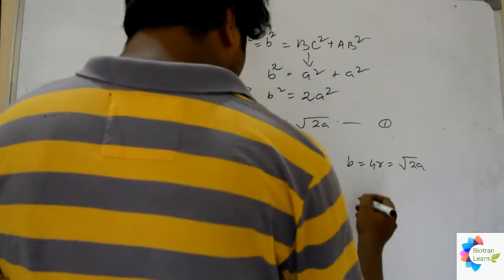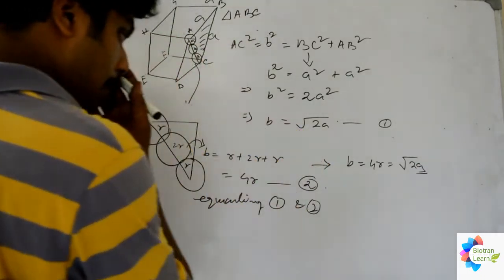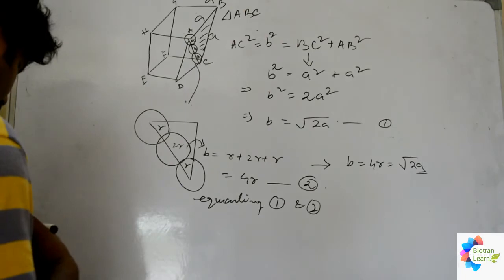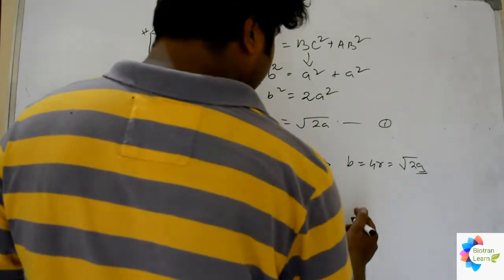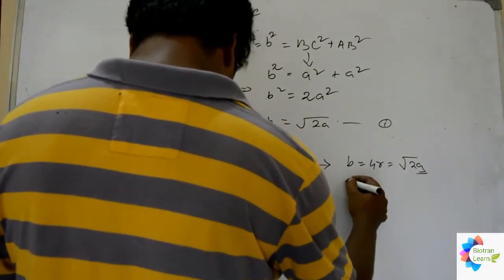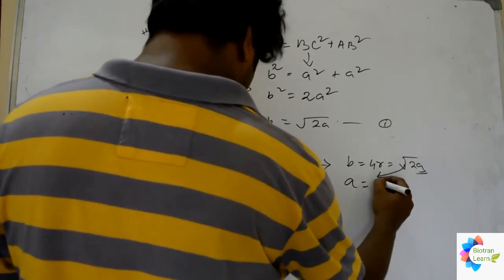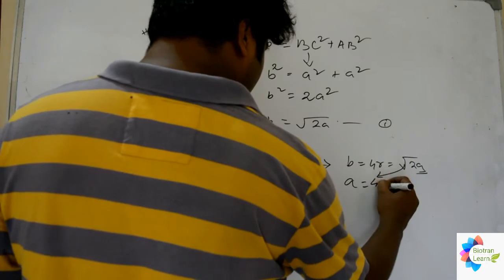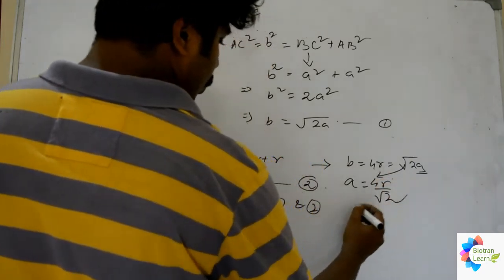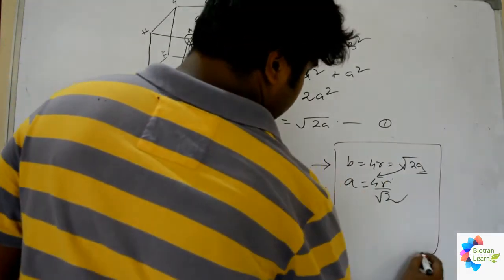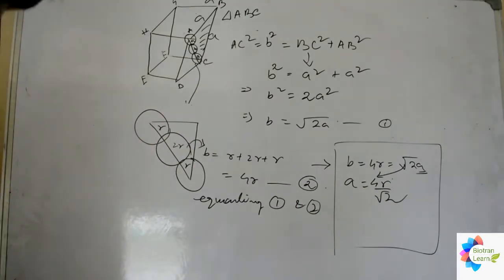Then how we can get, now we have to get that A in here, right? So if we get A, then this will come in here, then what we get, 4R by root 2. Now see this section, 4R by root 2.